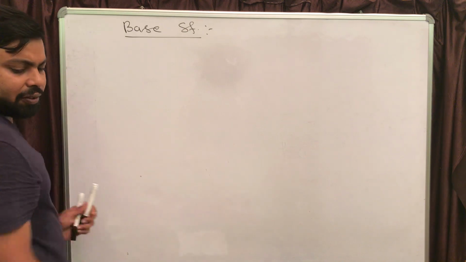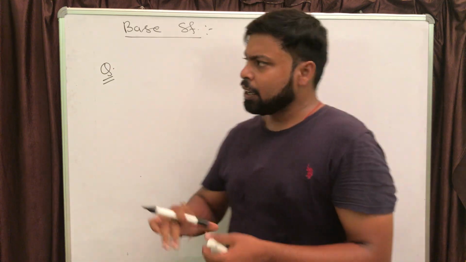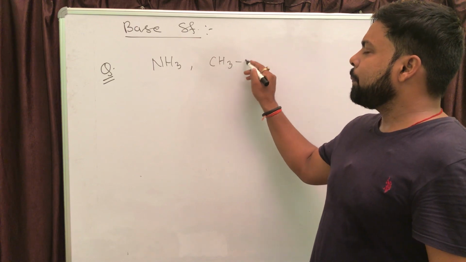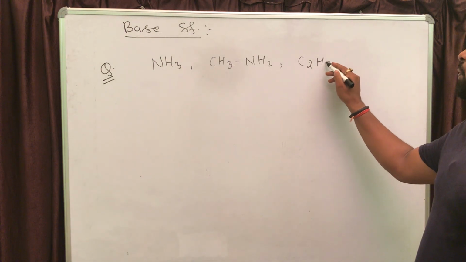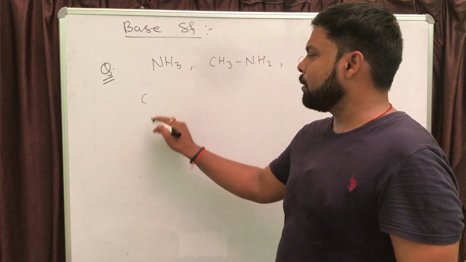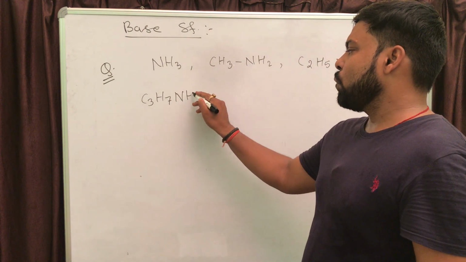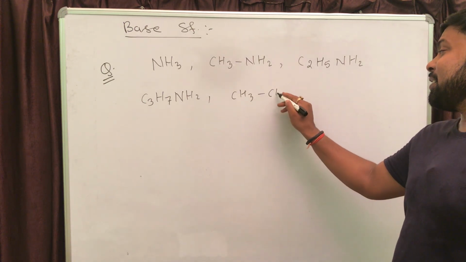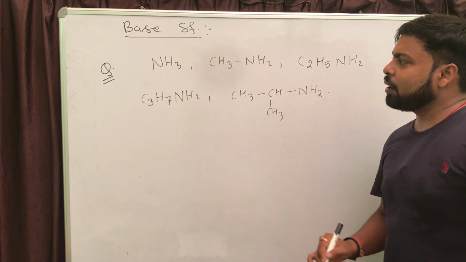The problem is, let's write the first question. Let's say it is ammonia, methylamine, ethylamine, C2H5NH2, and add more propylamine, C3H7NH2, and the next one is CH3CHCH3NH2, isopropylamine.